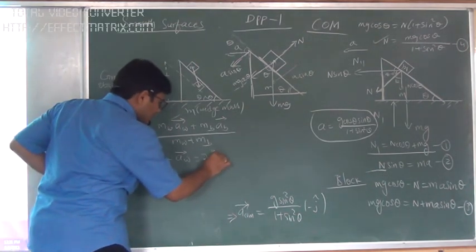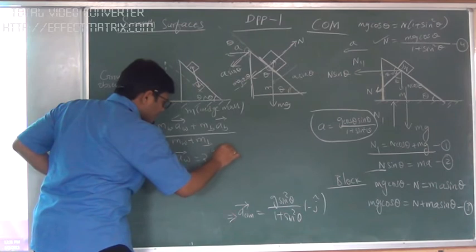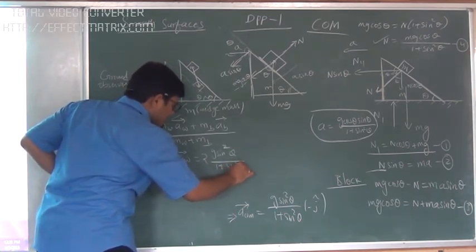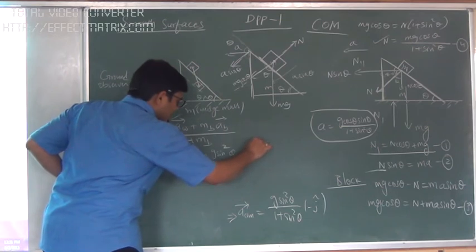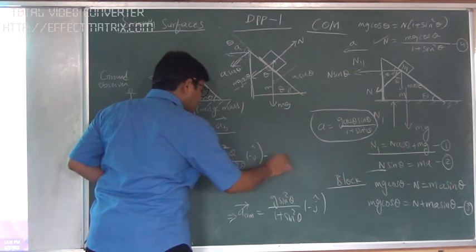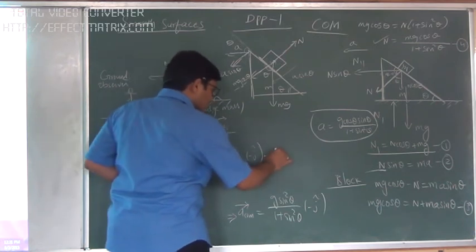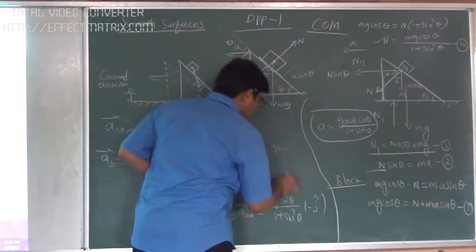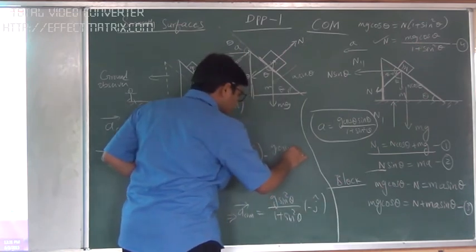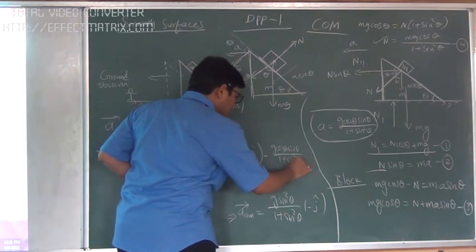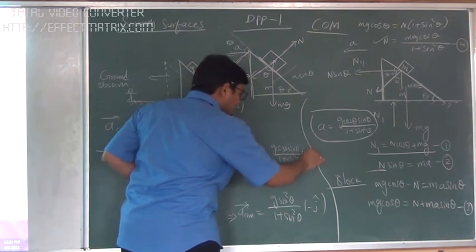G sin square theta upon 1 plus sin square theta minus j cap. Minus acceleration of wedge, which is g cos theta sin theta upon 1 plus sin square theta minus i cap.